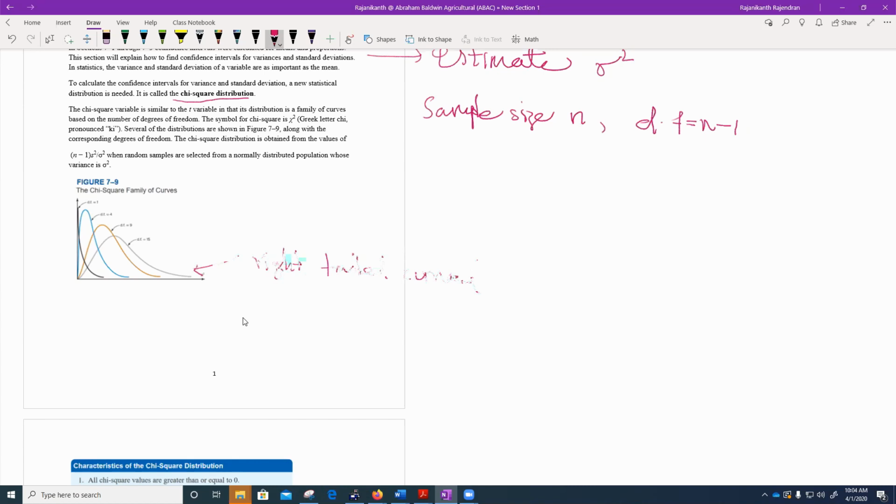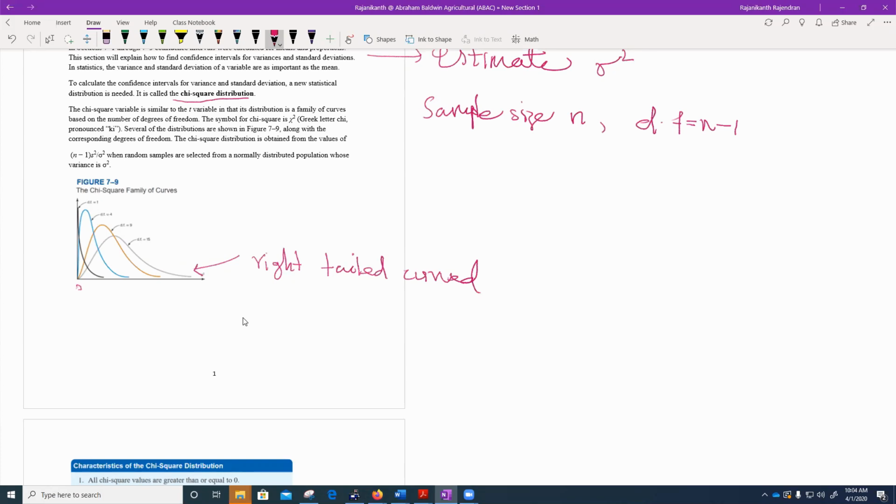All the curves have a heavy tail on the right side. The chi-square values are always non-negative. That means all the values for the chi-square distribution are bigger than or equal to 0. There's no negative value for chi-square.